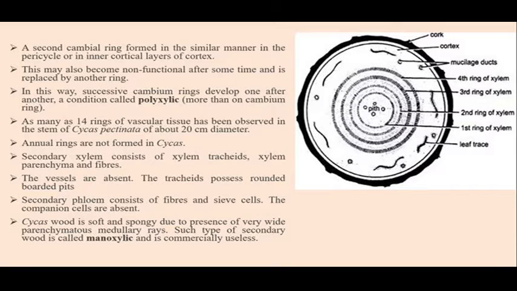In the order Psilotales, we have studied that the wood is monoxylic, and the cycas also shows monoxylic wood due to the presence of wide parenchymatous medullary rays and less secondary xylem.